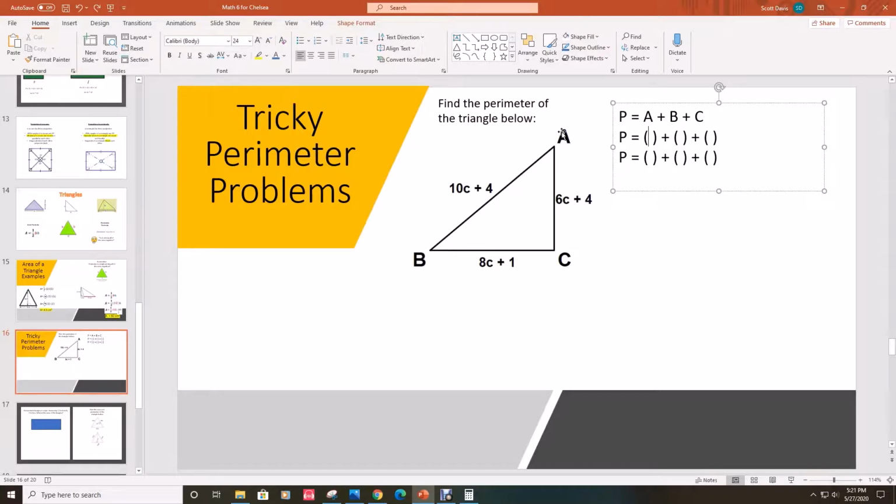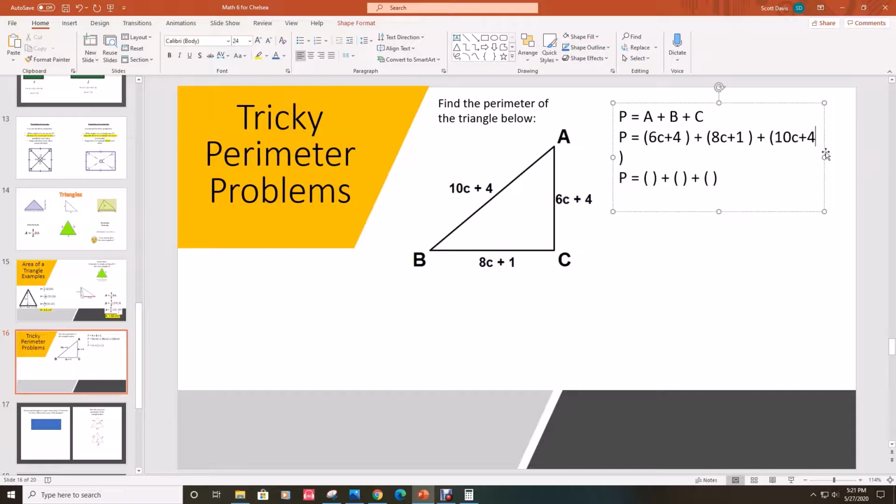So all it's meaning is, this side is like A to C and then C to B, B to A, or A, B, C. It doesn't matter because you're just adding them all together. So you can pick, okay, here's A. 6C plus 4. Now I'm going to find B. 8C plus 1. Now I'm going to find C. 10C plus 4.